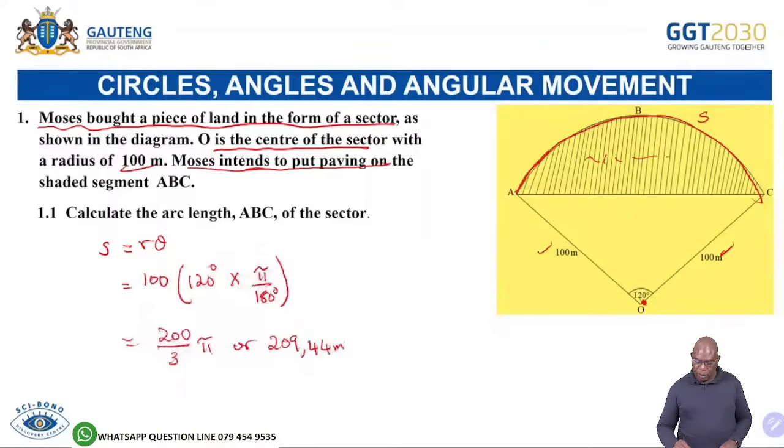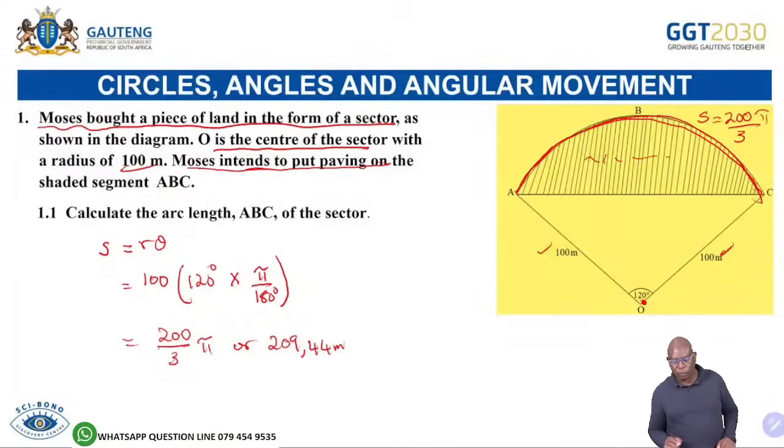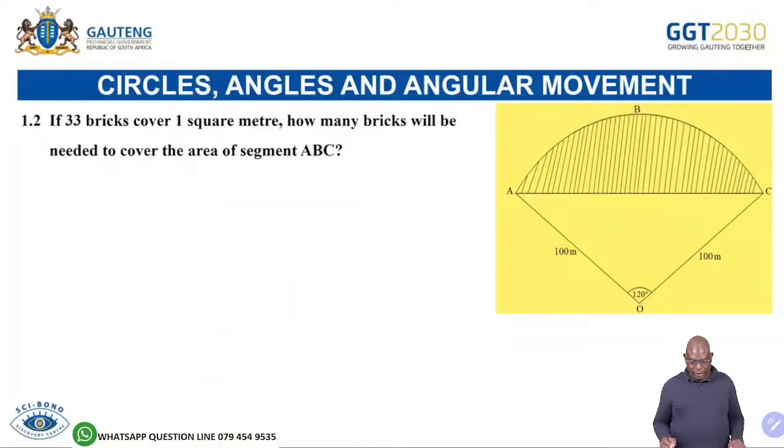So from here to there, it's 200 pi over 3. Now, these are questions that I know they don't come every year, but we really need to understand them and try them in the examination.